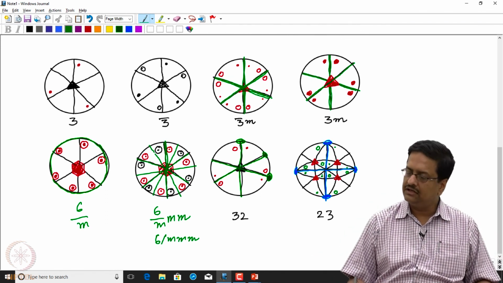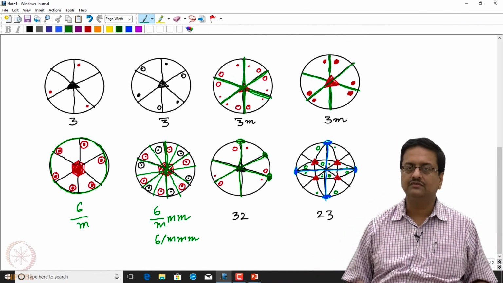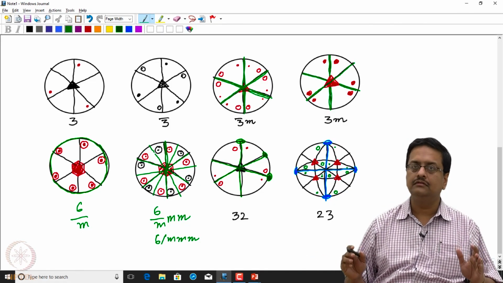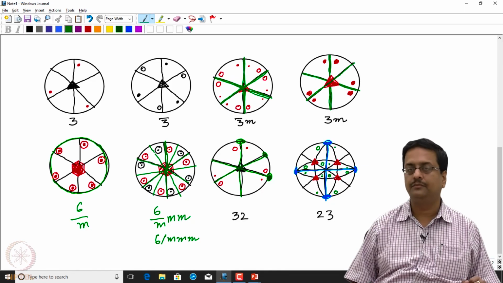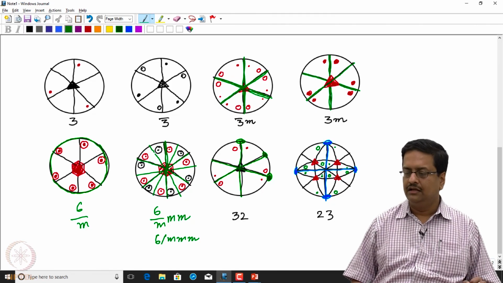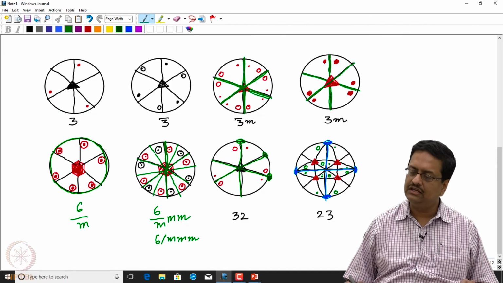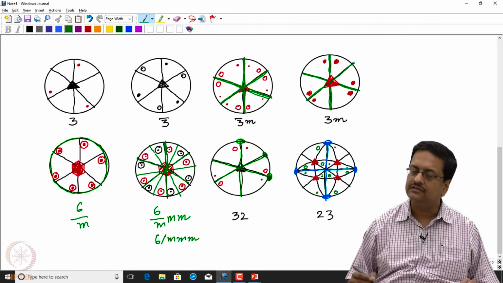So this particular diagram which we have now generated at the end is the stereographic projection of point group 2,3. I understand this is difficult and one can only draw it when you have done this many times.